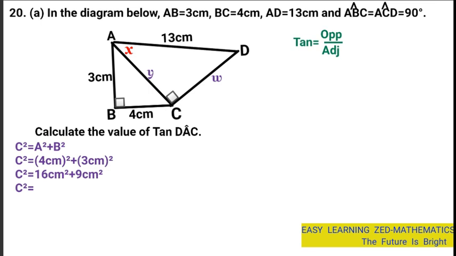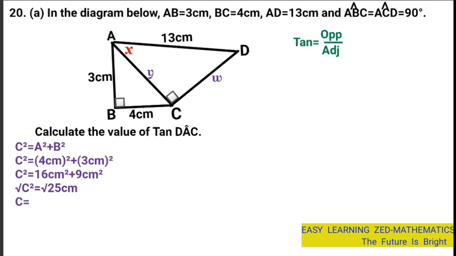Then we find the square root of both sides, the square root of c squared and of 25 centimeter squared. The square root of c squared is c. The square root of 25 centimeter squared is 5 centimeter.